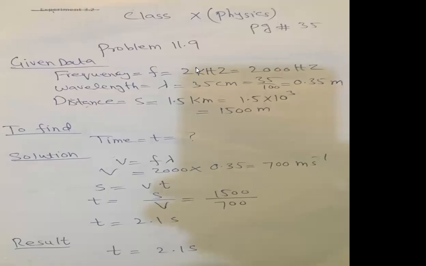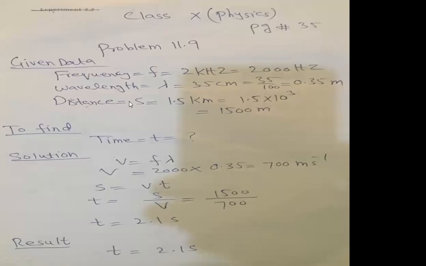Kilohertz is a bigger unit, but we need to convert this into the standard SI unit, which is hertz: 2000 hertz. We have converted it into the standard one, 2000 hertz.